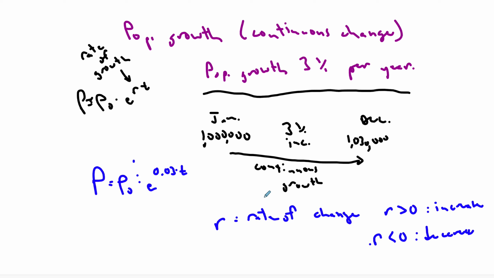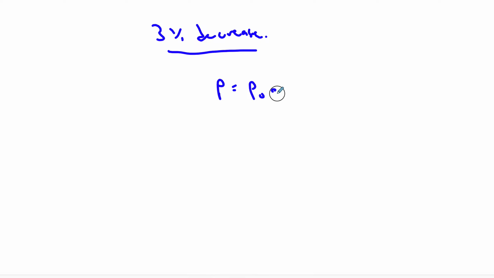So, meaning, if we had a 3% decrease in a population, P equals P naught e to the negative 0.03 t. Remember, this reflects it. So what it does is it changes this growth, e to the 0.03, into decay.